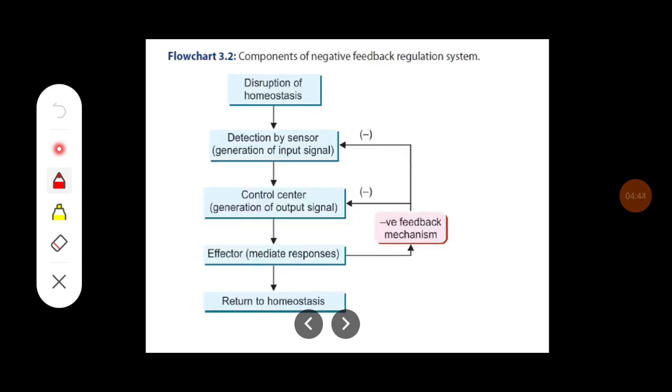So this is showing the components. When there is a disruption in the homeostasis, that will be detected by a sensor, and the signals go to the control center where there will be generation of the output signal.